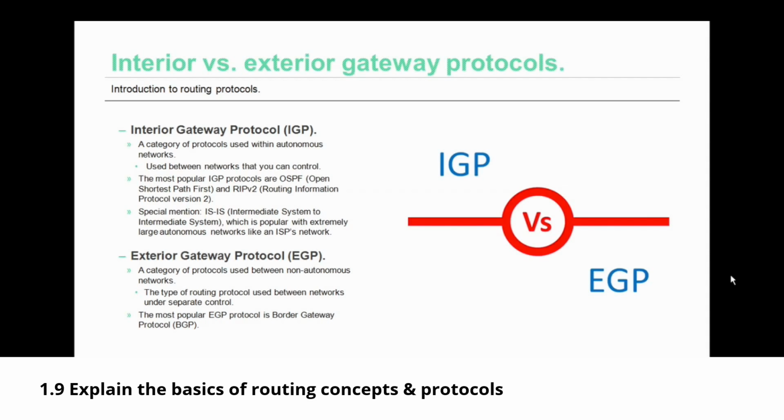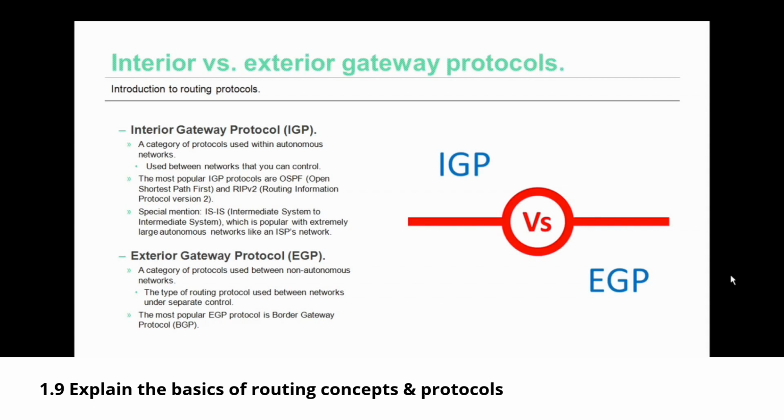That's Routing Information Protocol version 2. Now there is a special mention here, and that's ISIS, which is Intermediate System to Intermediate System. ISIS is popular with extremely large autonomous networks, like an ISP's, or Internet Service Provider's, network.